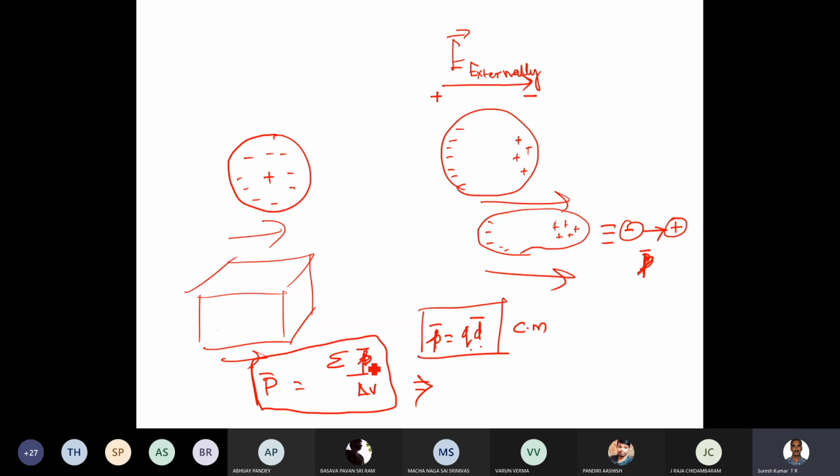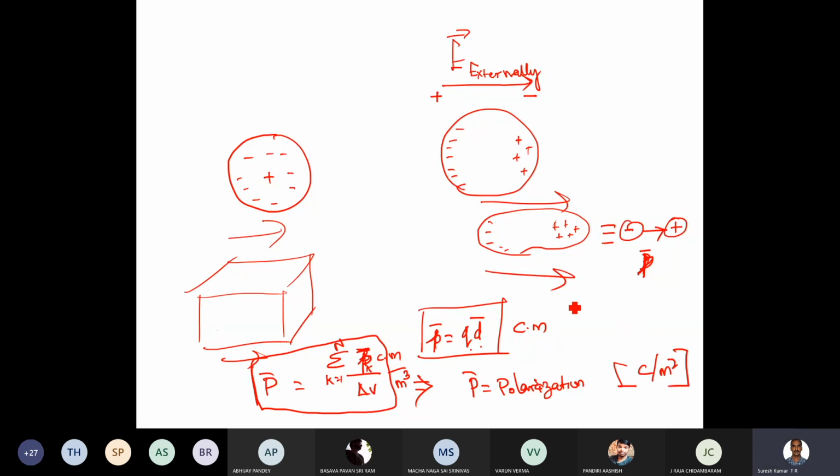If you add the dipole moments from k equal to 1 to n, you get the total. Capital P is used for polarization and small letter p for dipole moment. The numerator is coulomb meter and the denominator is meter cube, so the unit is coulomb per square meter.